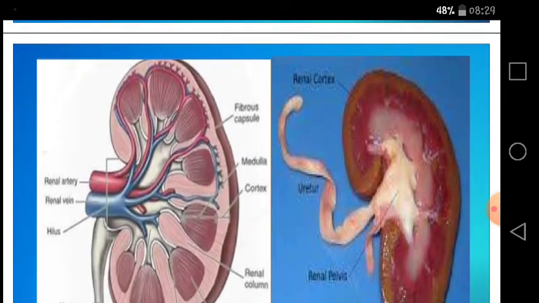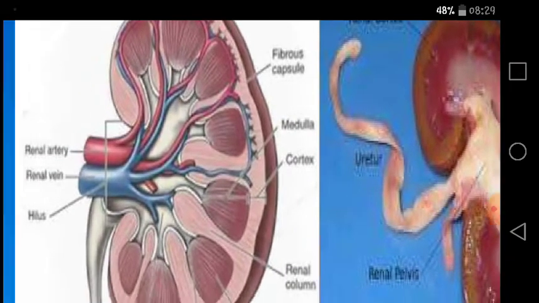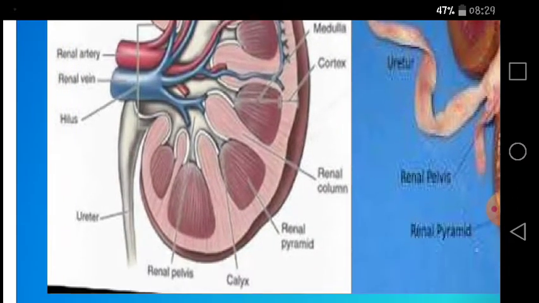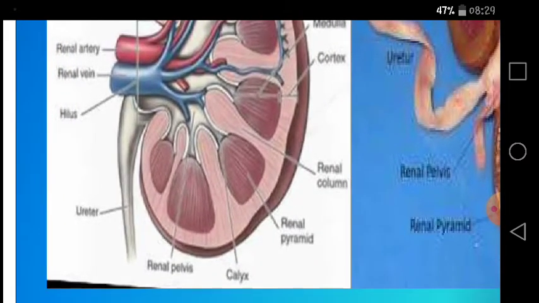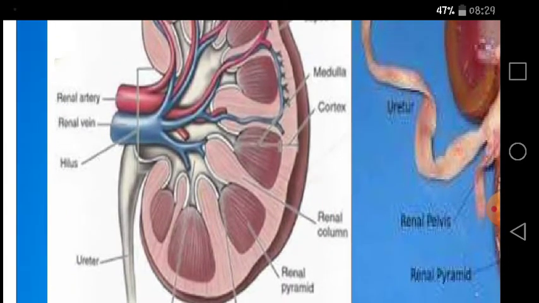Now we are focusing on the longitudinal section of the sheep's kidney. You can see this is the diagram: a capsule, medulla, cortex, renal column, renal pyramid, calyx, renal pelvis, renal artery, renal vein, hilus, and ureter.